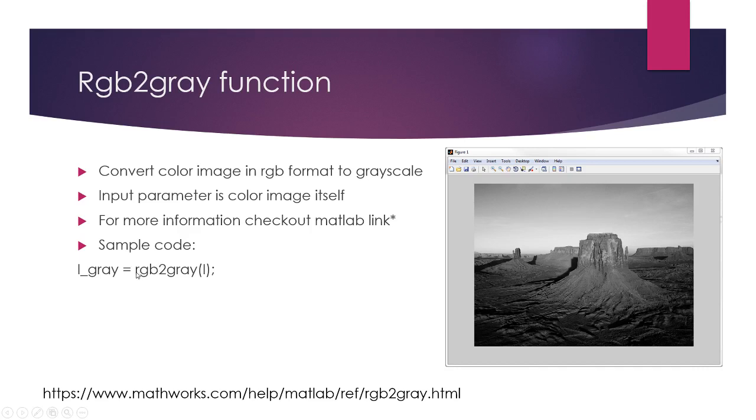So each channel has that 8-bit information. So we combine all these three channels to get a grayscale image. That's typically the math behind it. If you want to get a grayscale image, you generally do the average of all the three channels. So if you want more information, please refer to rgb2gray in MATLAB.